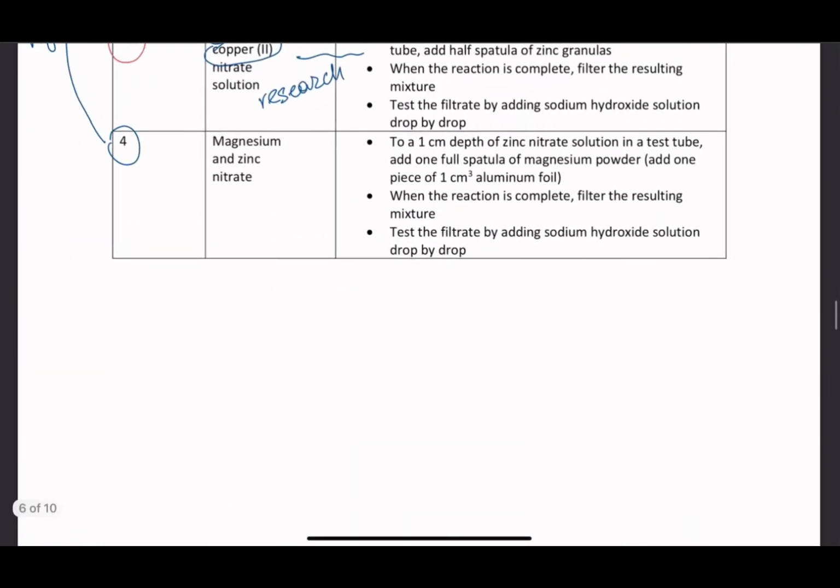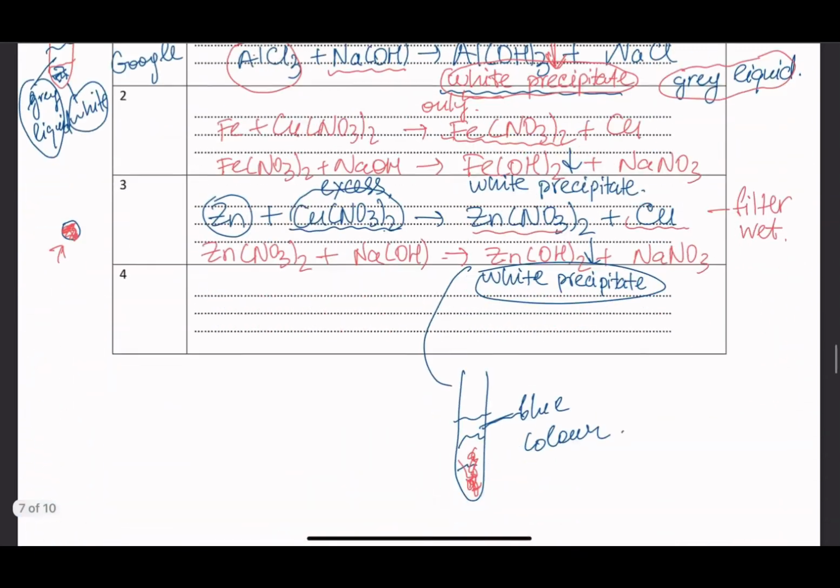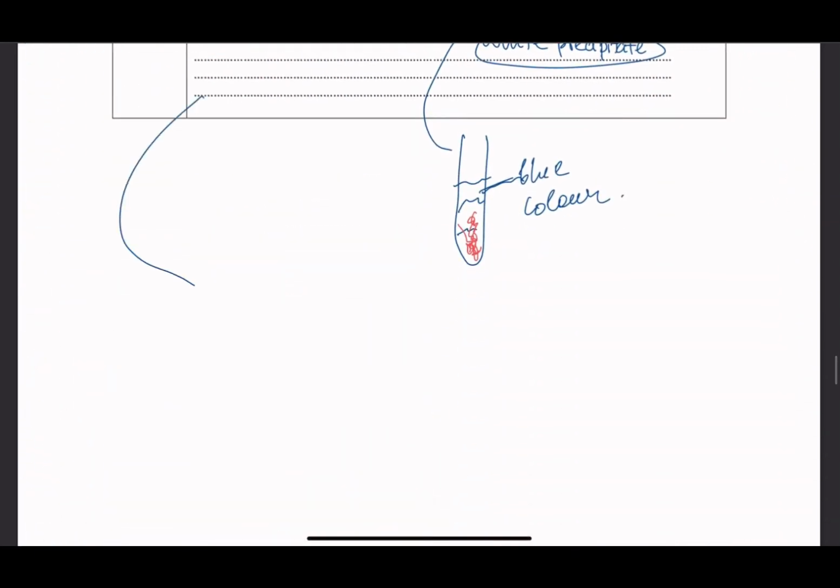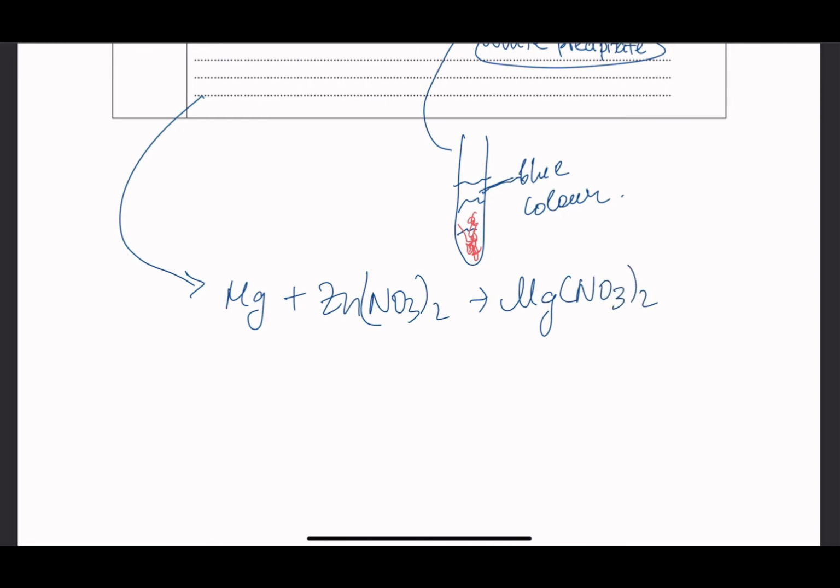And the next thing is magnesium nitrate. Again, you would be just talking about this in your hypothesis section. I'm going to write down, so here, magnesium going into the reaction with zinc nitrate, and then using the activity series, you need to know magnesium nitrate is going to be the product, and zinc is coming out.